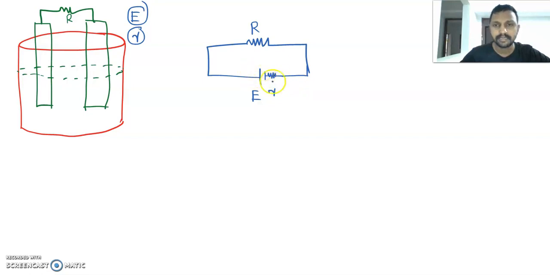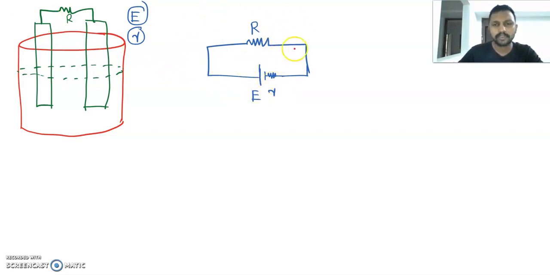You should understand that internal resistance is the resistance offered by this cell. Therefore, in a circuit like this, capital R is the external resistance, the cell's electromotive force, EMF, is E, and its internal resistance is small r.